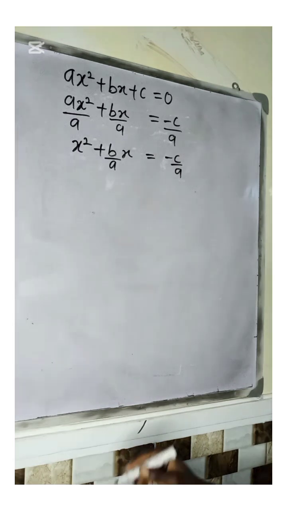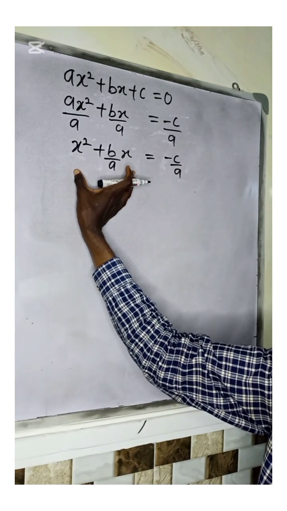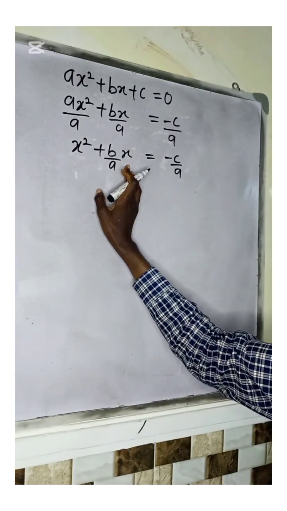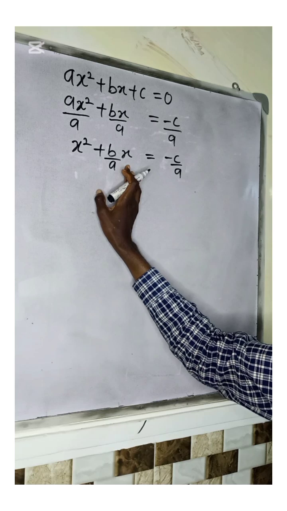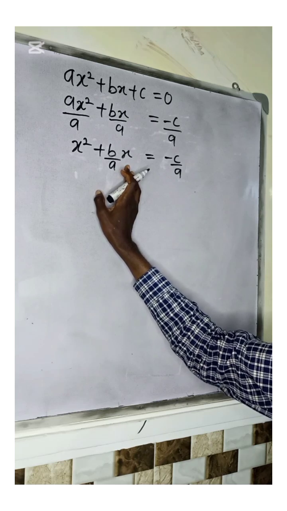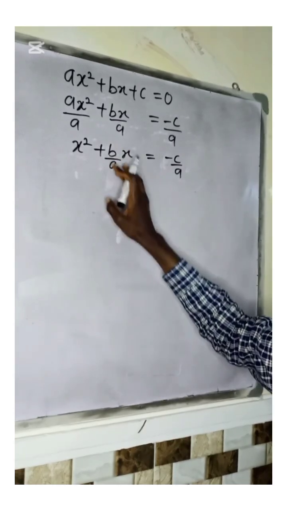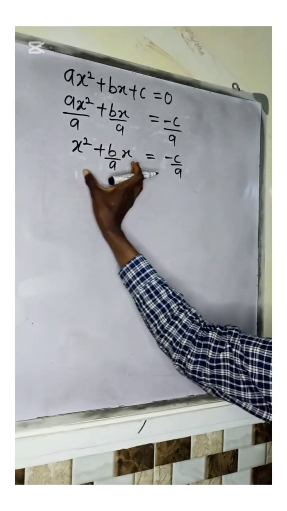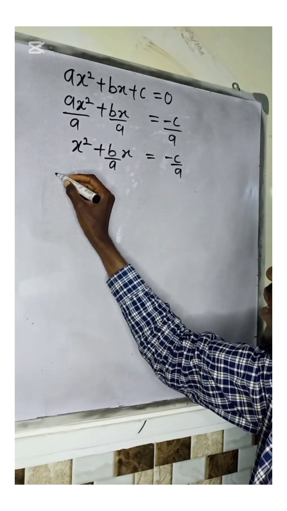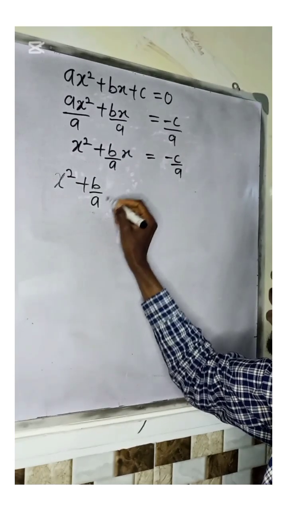At this point, we try to make this side of the equation a perfect square. So the question now is, what must be added to this expression to make it a perfect square? The answer is the square of half the coefficient of x. So we have x squared plus b over a x.